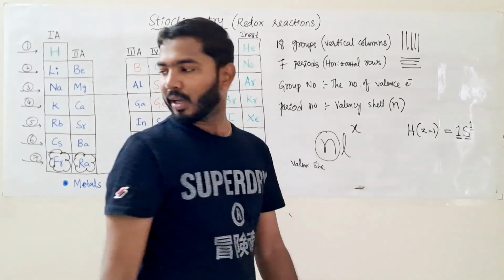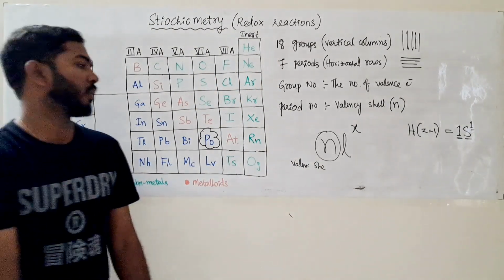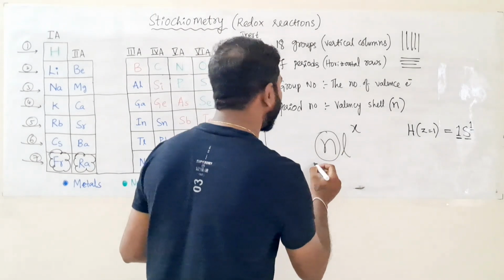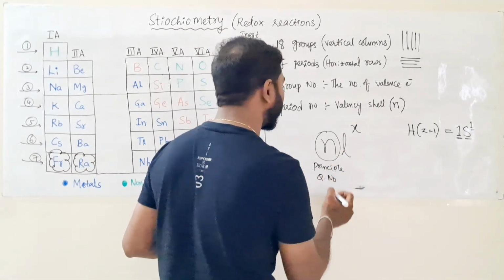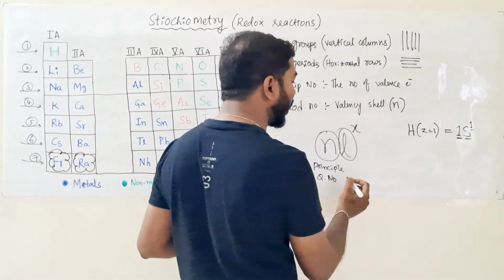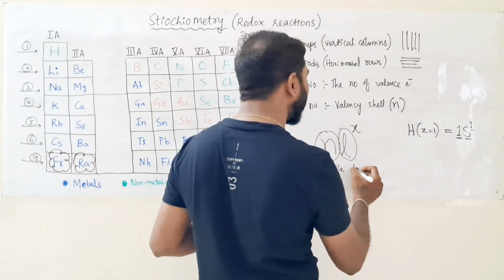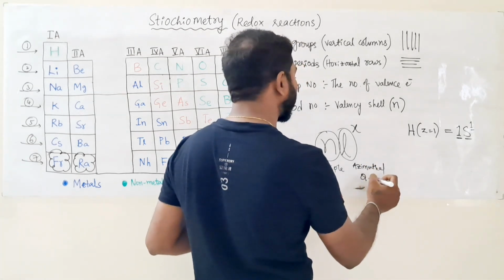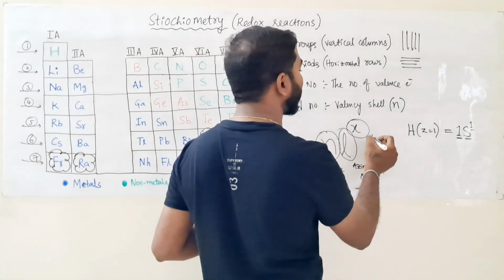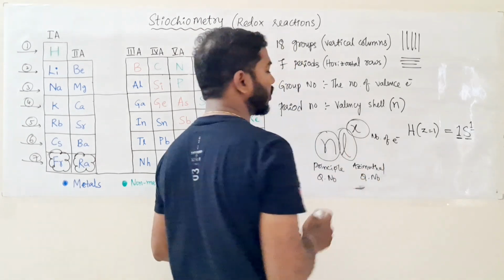Let me just write down. N is the principal quantum number, L is our azimuthal quantum number, and X is our number of electrons.